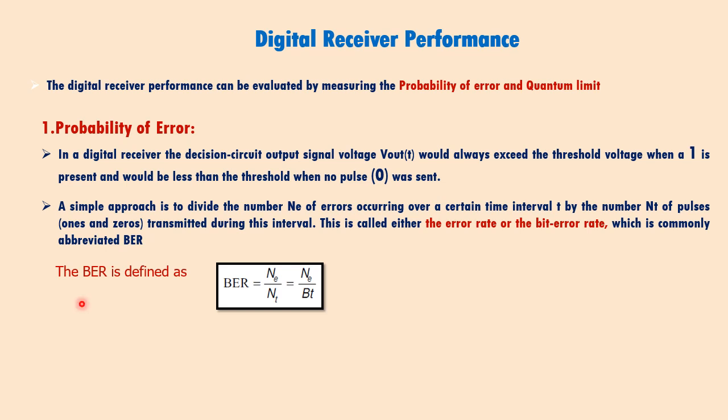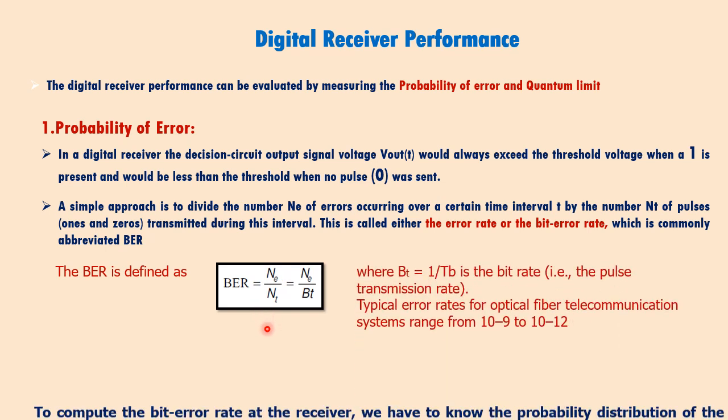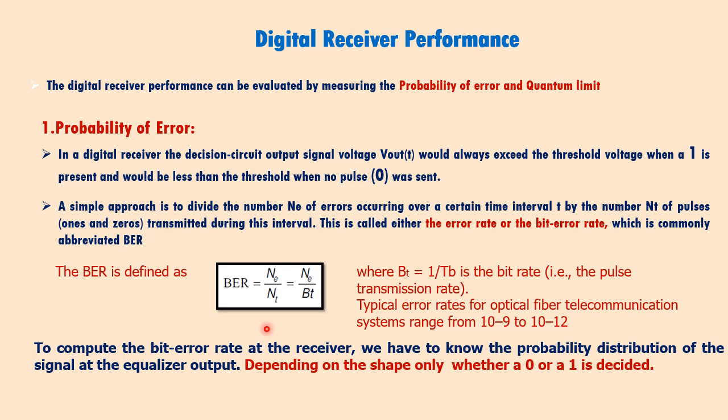It is the ratio of N_E, the number of errors occurred in a certain time interval, to the number of pulses transmitted during that time interval. By taking this ratio, we can find the probability of error. This is one way to evaluate the performance of an optical receiver.